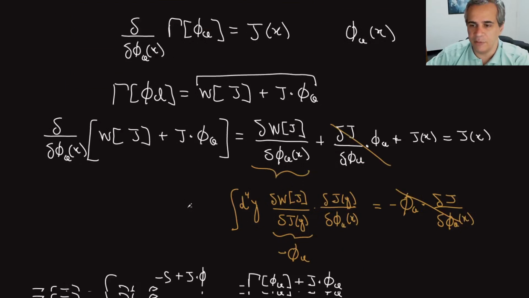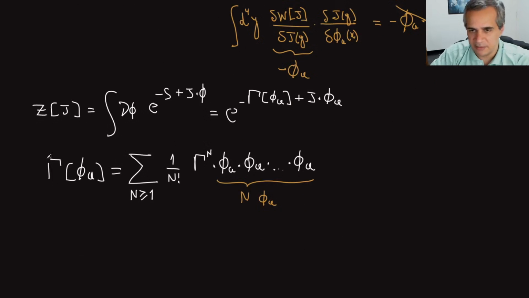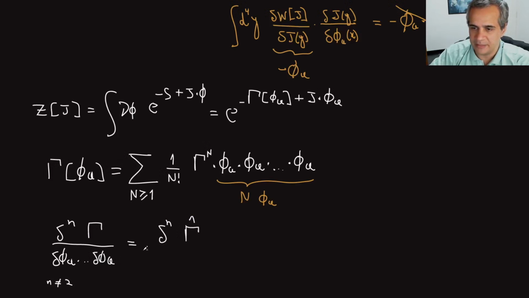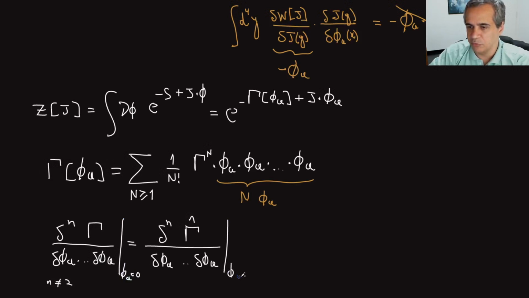And then if I take a number of derivatives n, where n is different than 2, the derivative on this gamma will be the same as with the gamma hat, once I make all fields equal to 0.